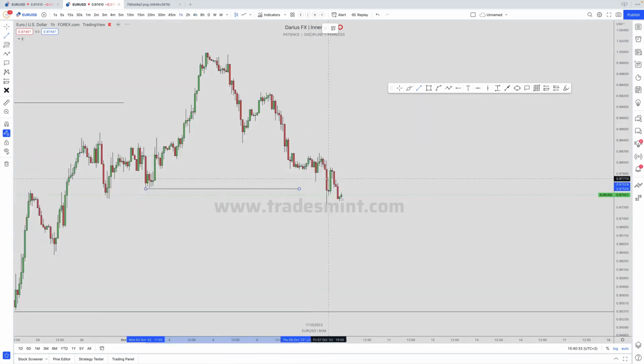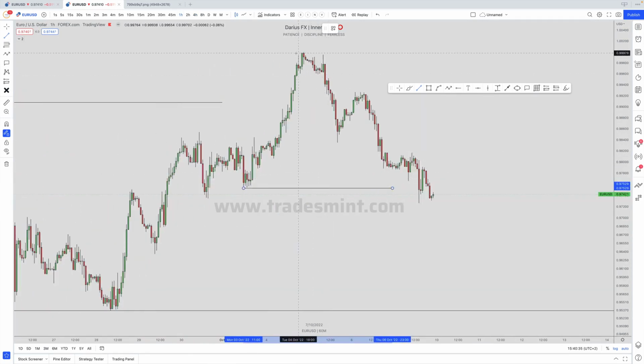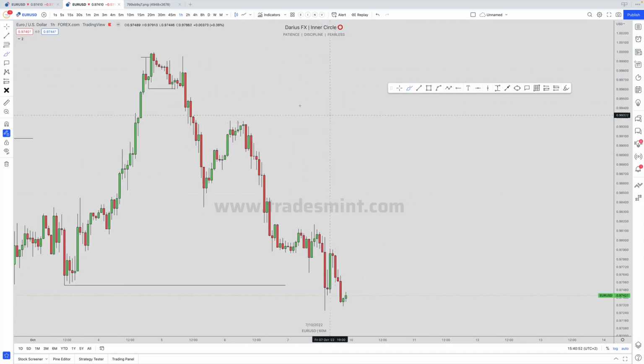On the 1 hour, you can see the first time it went here, broke something, okay, and then it started to drop down. So it really gives you the break, pullback, and then it's moving back down. Same here, moving down, bearish momentum, giving you a pullback, moving down.